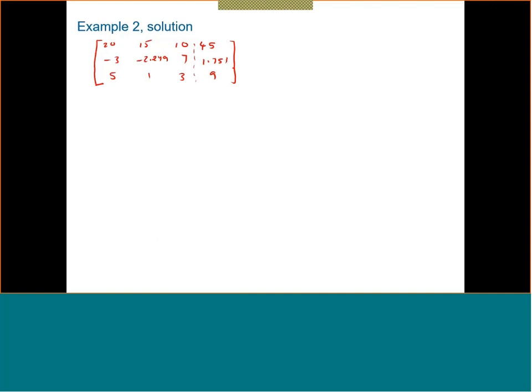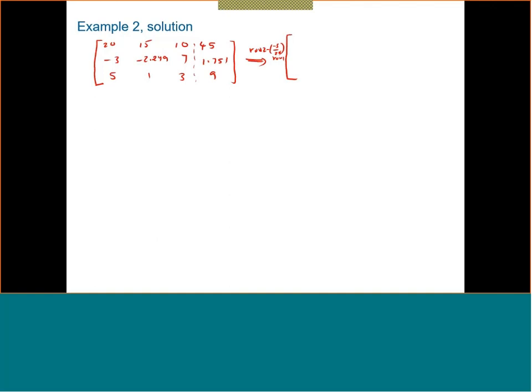Now the first thing I want is to make these equal to zeros. So how will I do this? It will be row 2. I will not do the math; you can do that yourself. So for row 2 it will be row 2 minus 3 over 20 times row 1.